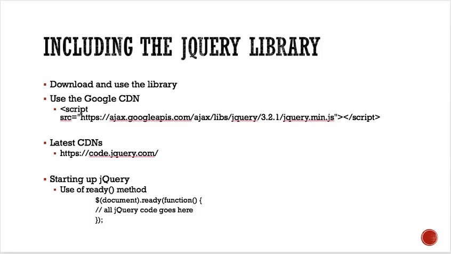Basically, what this ready method does is it checks continuously to make sure that the HTML document is loaded up, and subsequently, after the loading of the document, it starts triggering functions that are present within the ready method, right?